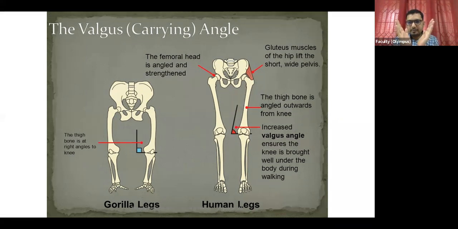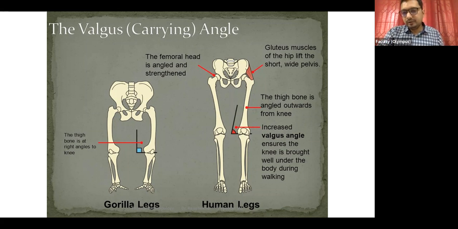Our legs are slightly placed like this. So we are comparing the angle here, slight outward nature, especially in how this femur bone is sitting on the joint here, whereas their legs are more or less at a 90-degree angle to the knee joints.